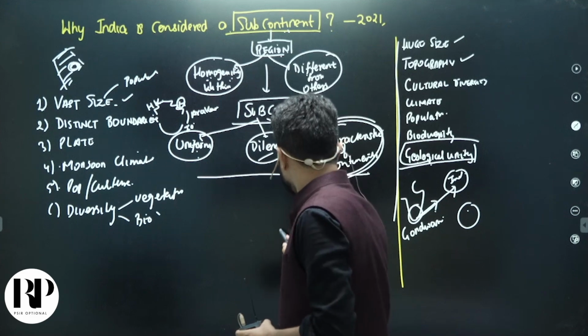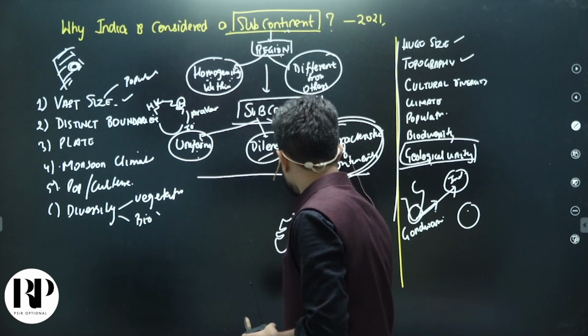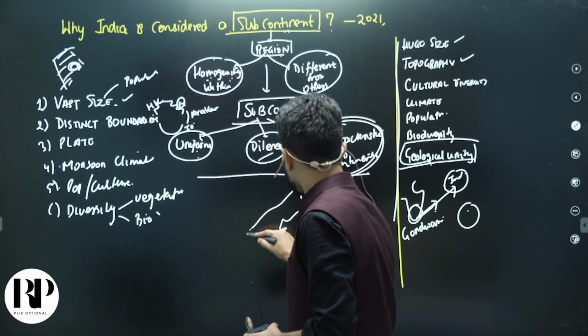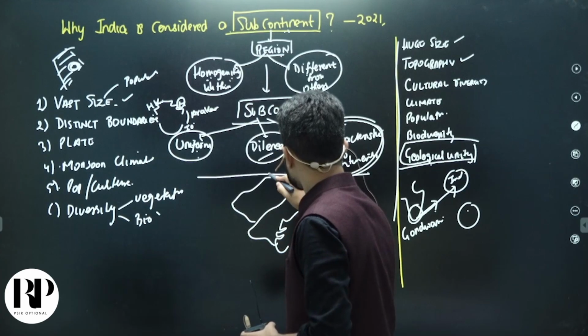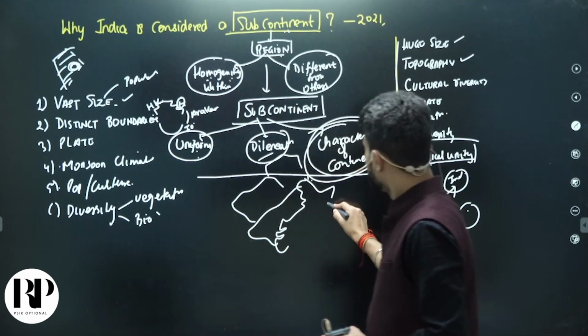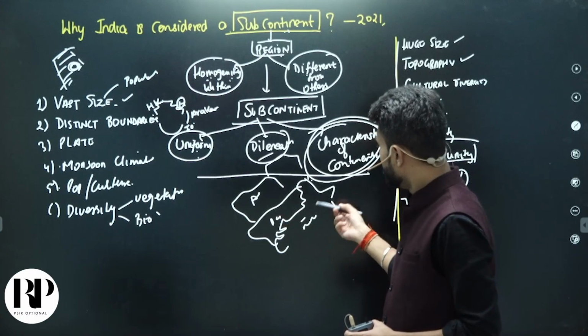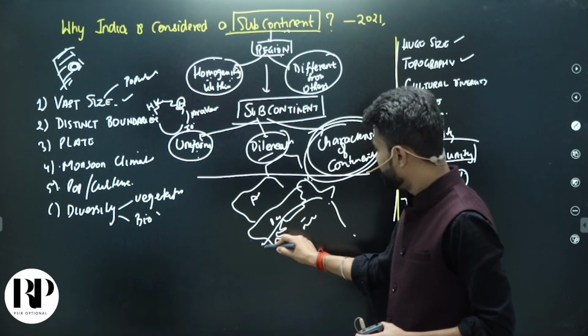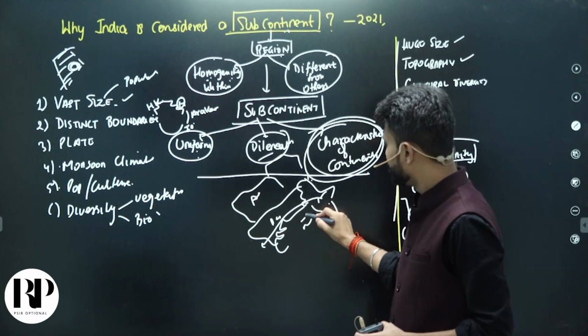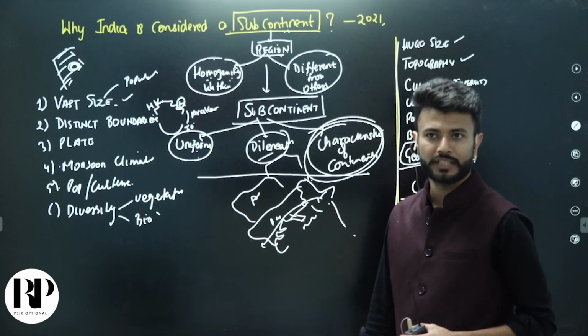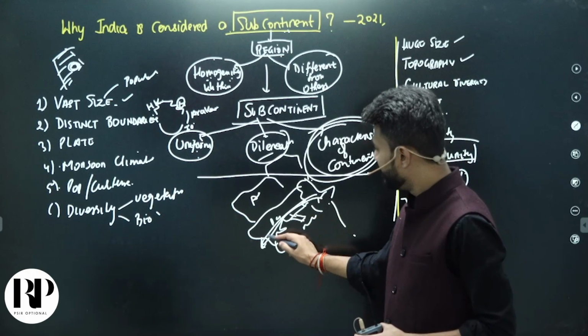So if this is India, this is Pakistan, this is Afghanistan, and river Indus flows like this. Here you are having different tributaries, Beas, Satluj, etc. This is the major Indus basin.